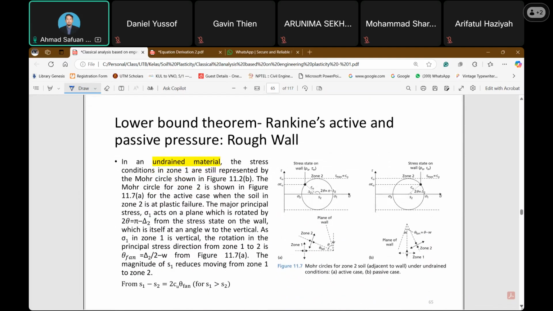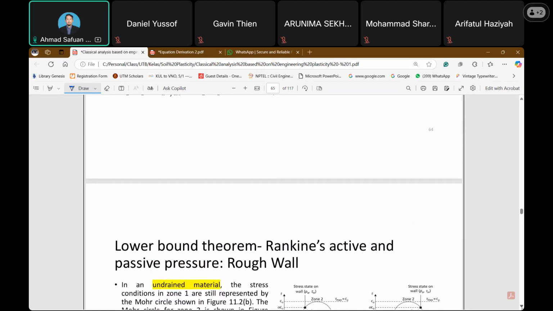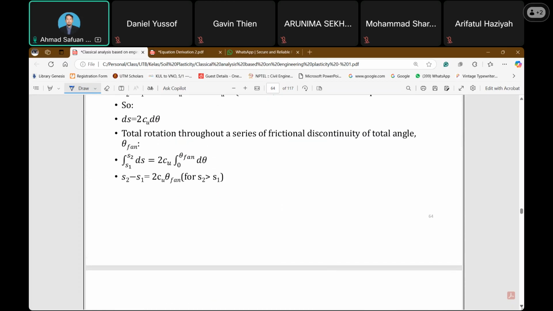So that is how the derivation works to get 2Cu theta fan. Yet, what is the passive or active pressure to be used if we deal with this rough wall?